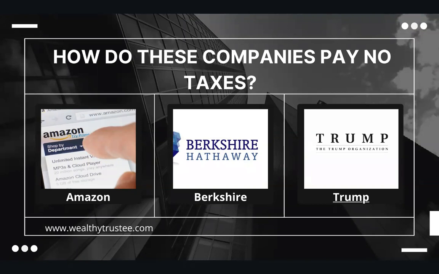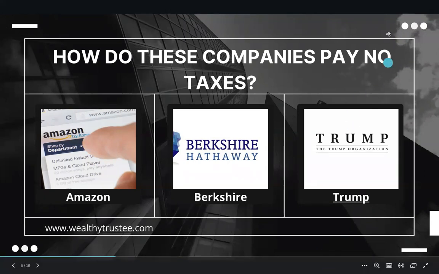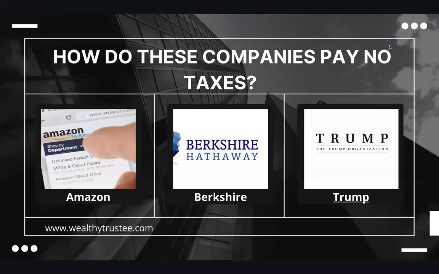Well, he's able to do that because he uses a trust within his structure. He has a for-profit arm, a nonprofit arm, and then he uses trust within his structure. So if these businesses are using trust, then you should also be using trust as well in order to reduce your taxation and in order to build wealth faster.